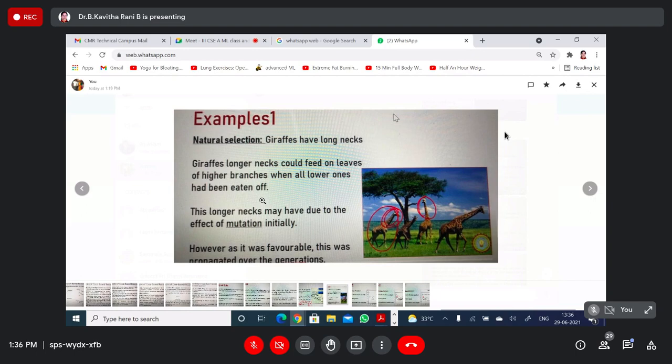Different animals struggle hard and some output has come in the form of the gene, which is a longer neck. And with this longer neck, it can eat easily.